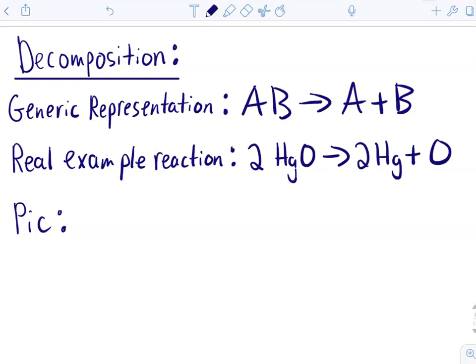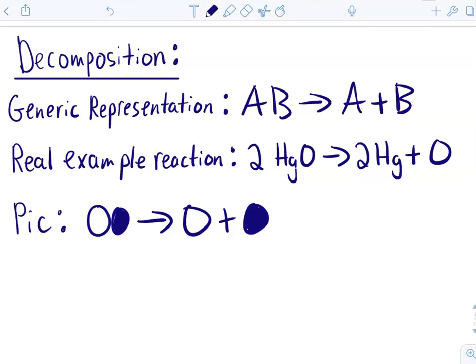So our AB breaks down into A plus B. And a picture of this would be our open circle, filled in circle, breaking down into open circle plus filled in circle. So decomposition is the exact opposite of synthesis. So synthesis, you're putting it together, you're forming one substance. Decomposition, you're breaking one substance apart.